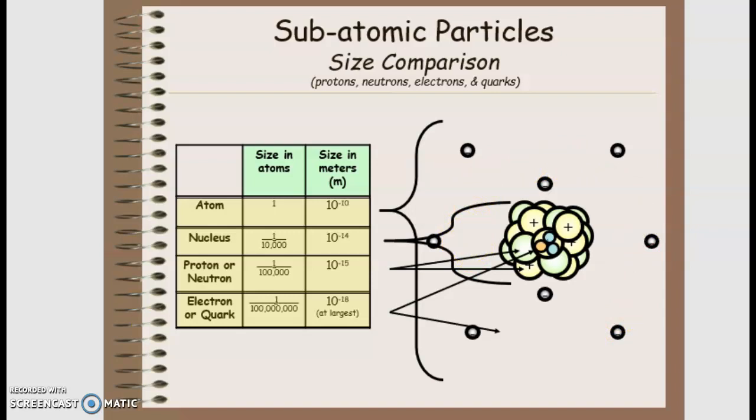It's important to note, however, that most of the atom is made up of the electron cloud. It's so big and so massive to have all these little bitty tiny particles in them. So the nucleus is the biggest, but the electron cloud makes up most of the atom.